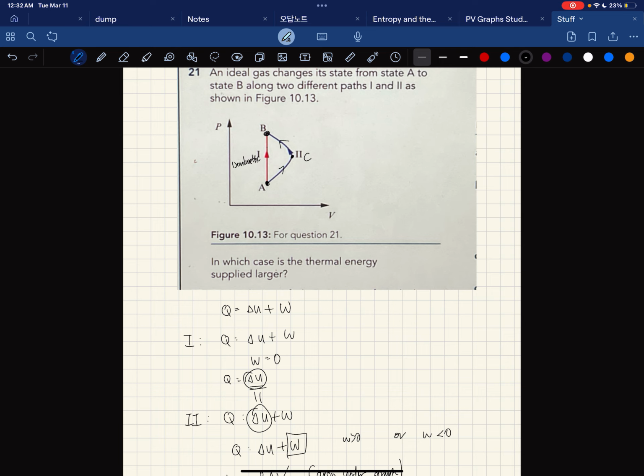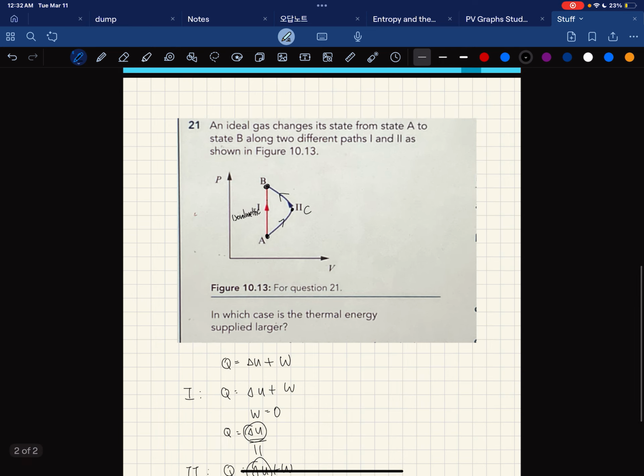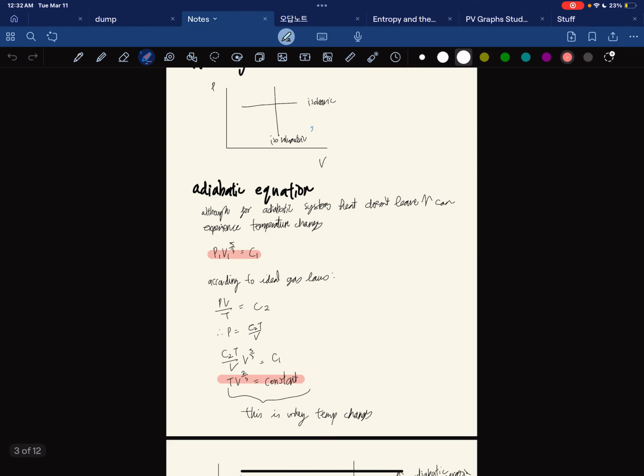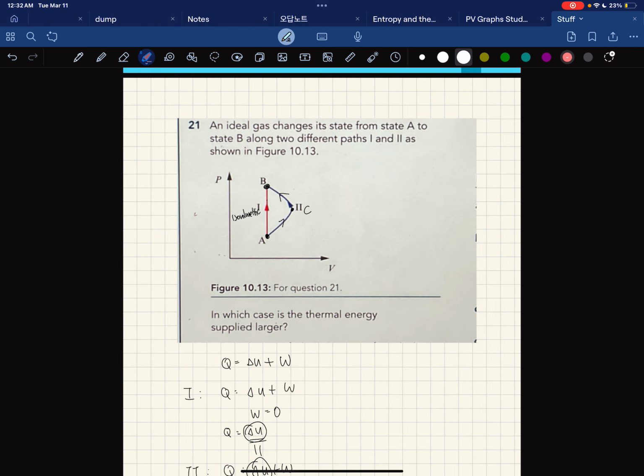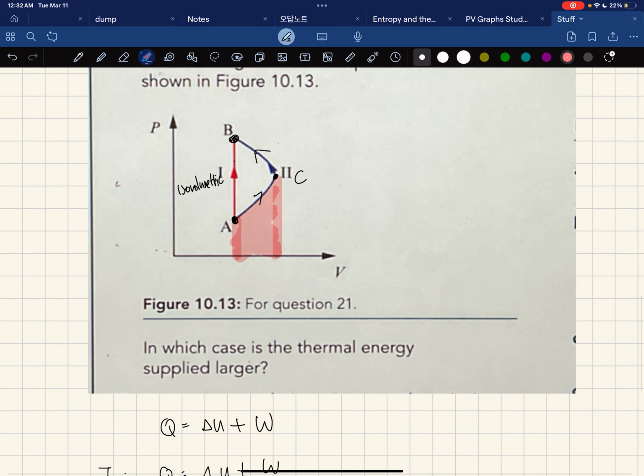Okay, let's look at from A to C. The work done for A to C would be this colored part, because you can tell that there's a gas expansion because the arrow is pointing that way.